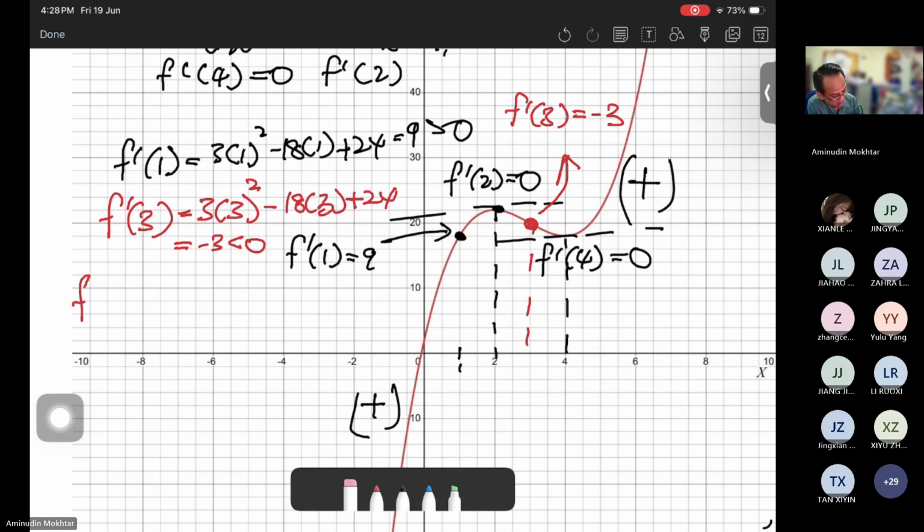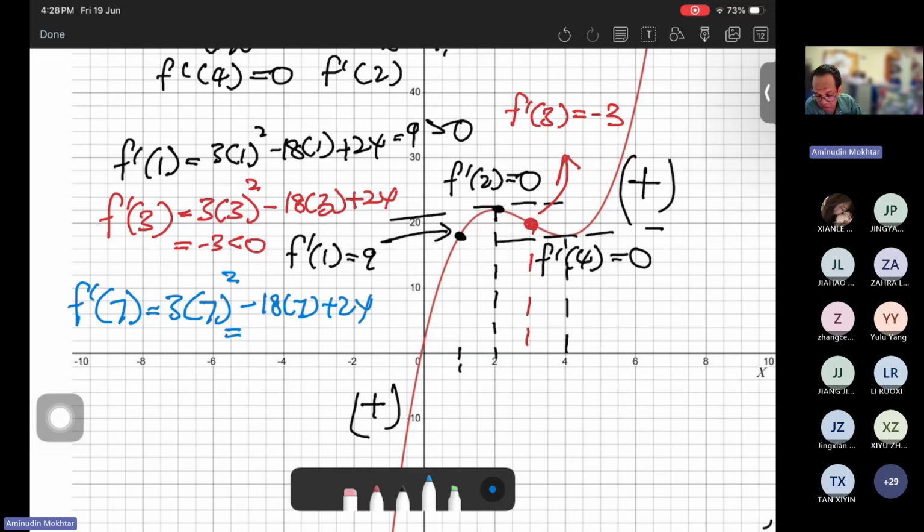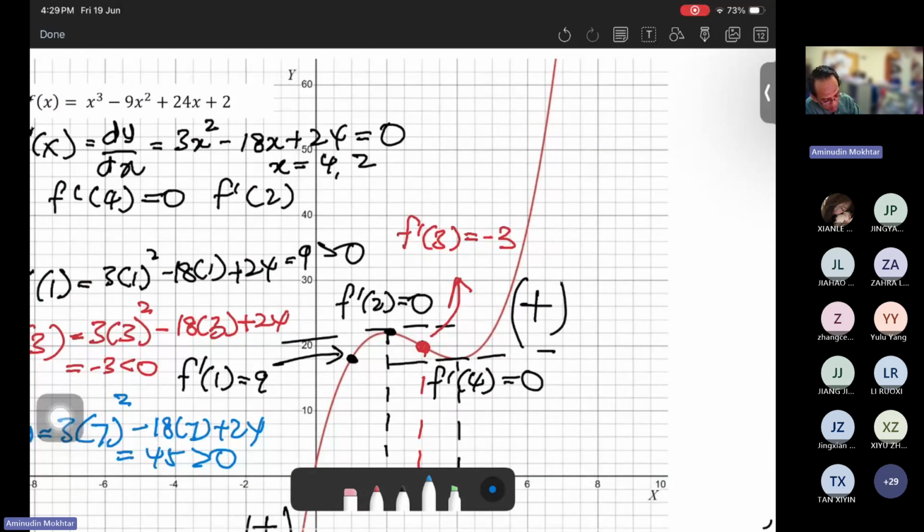I choose it randomly, as long as the value of x is greater than 4. You can see here, 3 times 7 to the power of 2 minus 18 times 7 plus 24. The answer is 45. When x equals 7, the slope of the function at this point is 45.